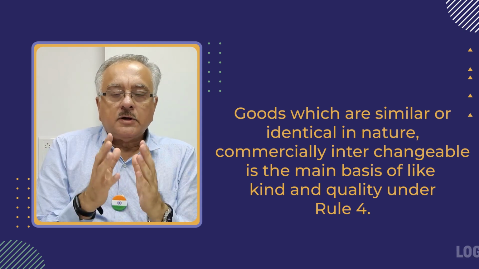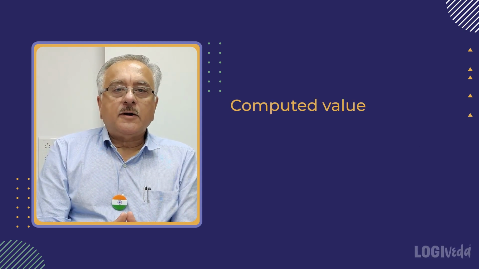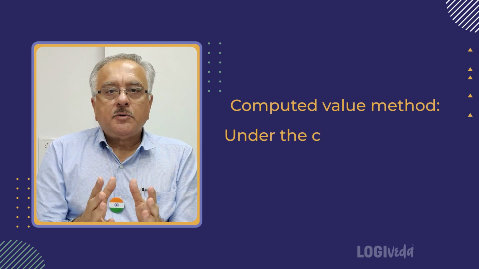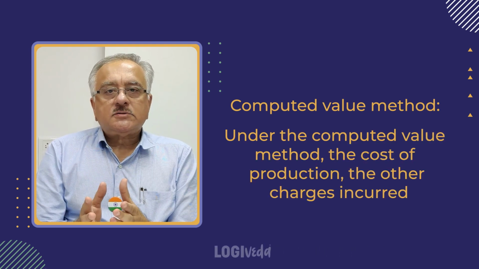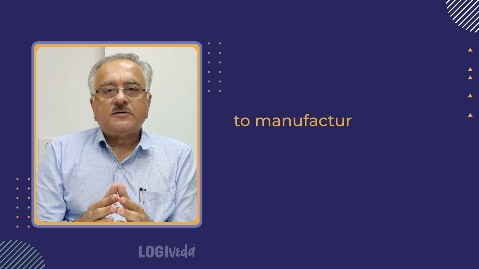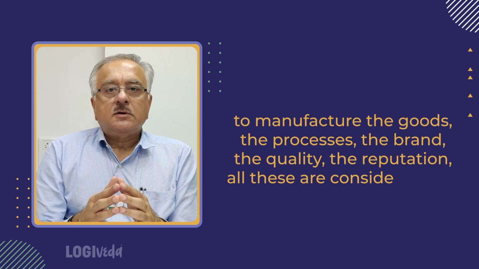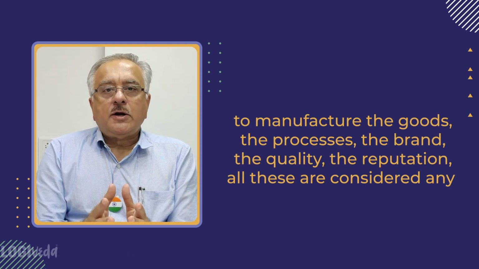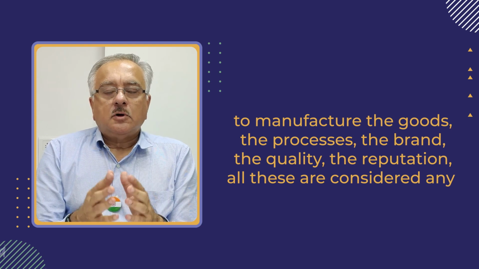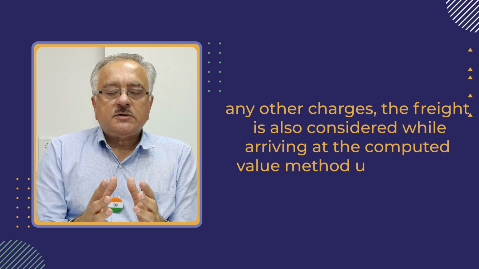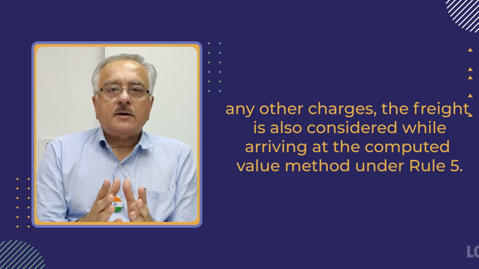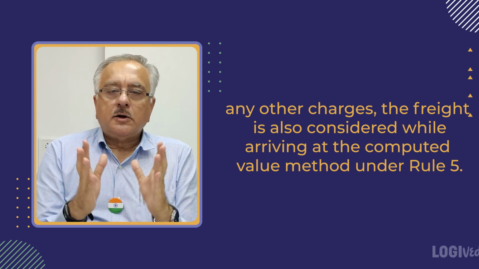The next rule is the computed value method, and under the computed value method, the cost of production, the other charges incurred to manufacture the goods, the processes, the brand, the quality, the reputation, all these are considered. Any other charges, the freight is also considered while arriving at the computed value method under Rule 5.